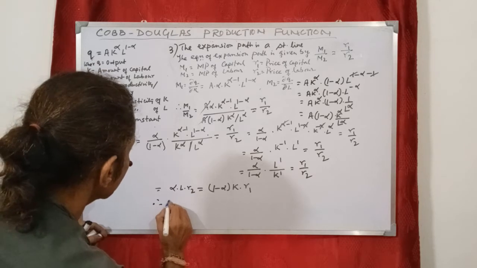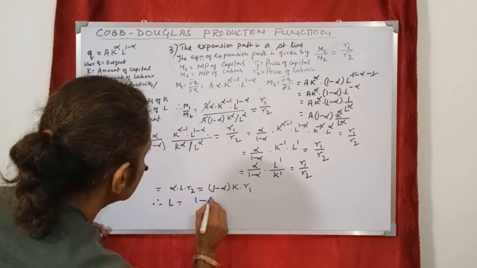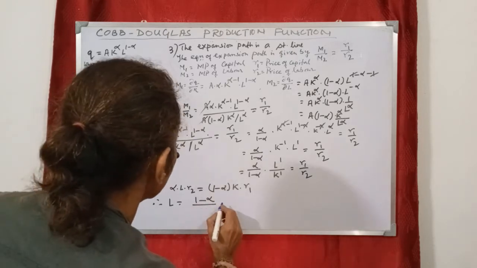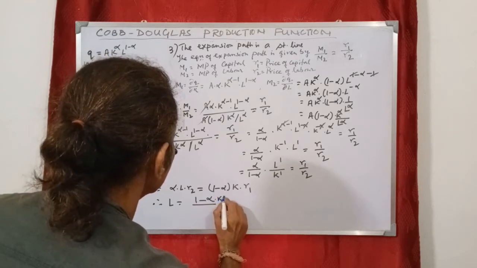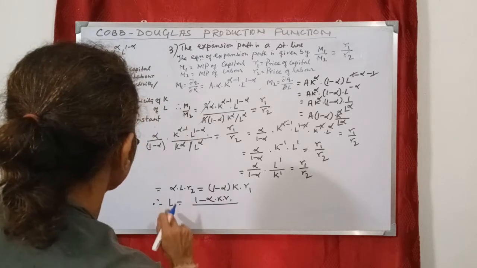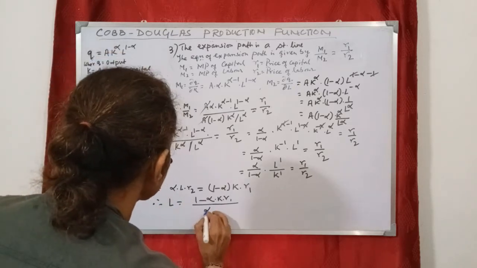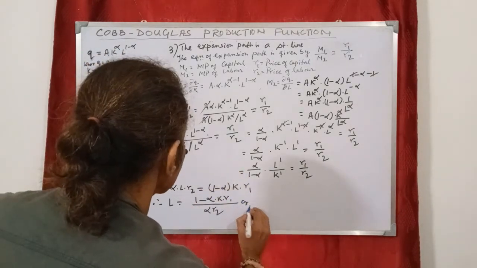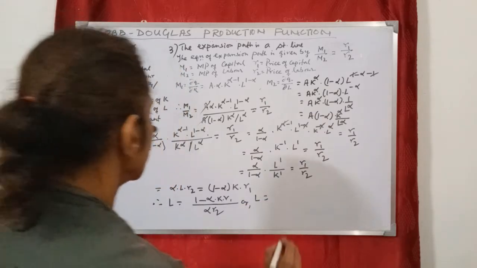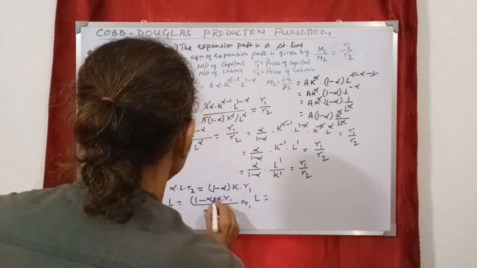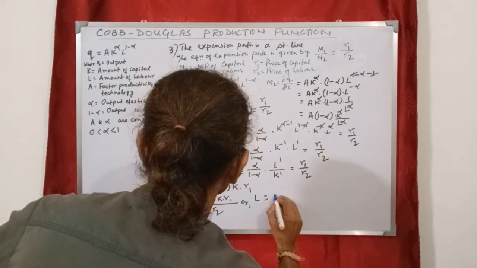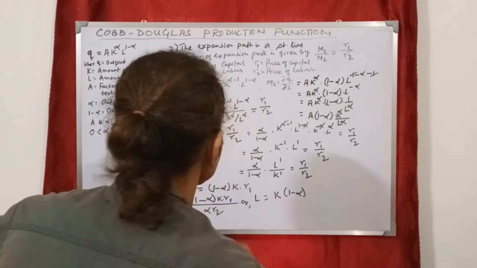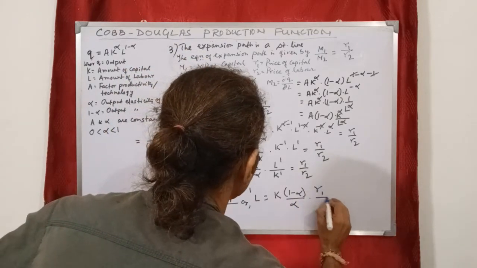Therefore, L equals to 1 minus alpha divided by alpha into K into R1 divided by R2, or L equals to K into 1 minus alpha divided by alpha into R1 by R2.